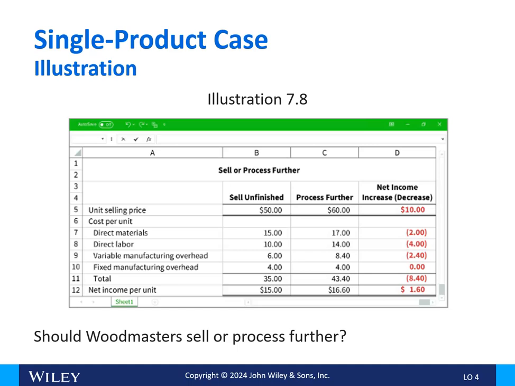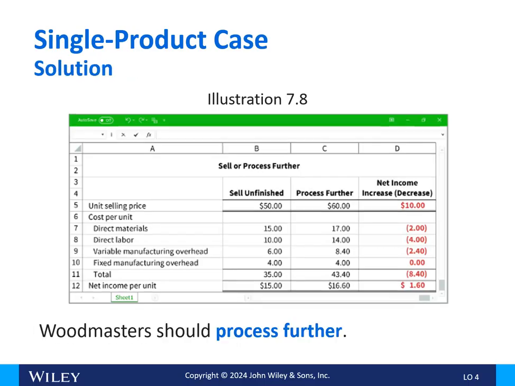So $16.60 net income, which is $1.60 higher than the unfinished. So we should process further. That's just comparing what is my income if I sell it unfinished, what is my income if I process further.